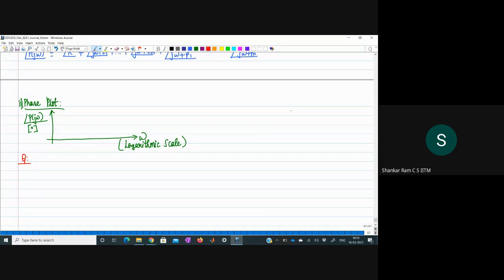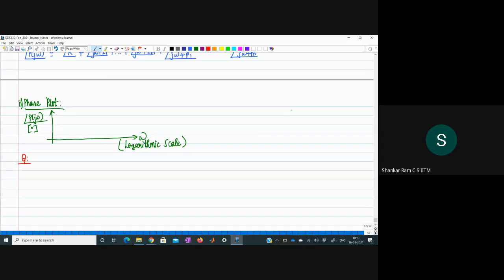We plot the magnitude and phase plots of those building blocks and then we add them. So we can immediately get the Bode plot of any given transfer function. That's an advantage for us.